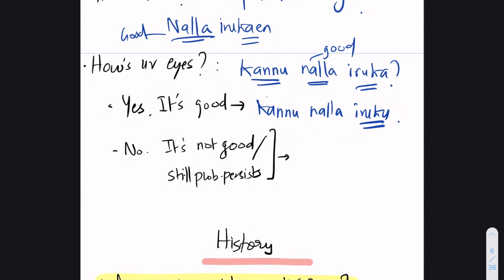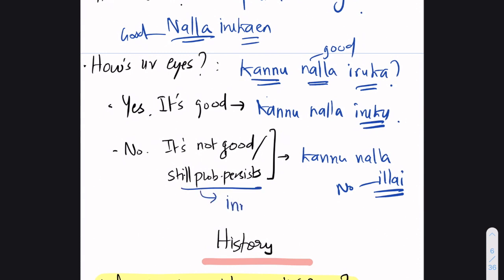Say, for example, if the patient feels it is not good, he will say, Kannu nalla illa. Illai means no. No, my eye is not good. Still, the problem persists. Still means innum.